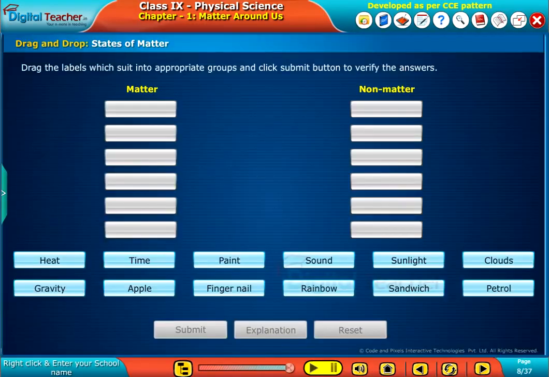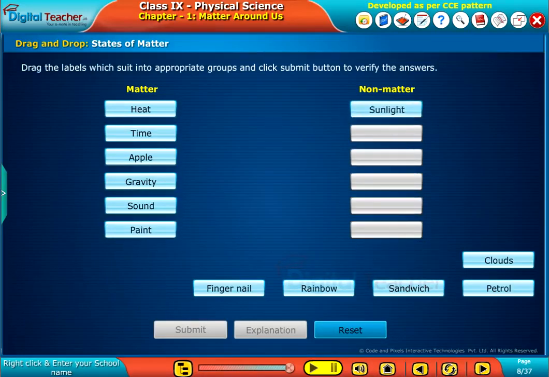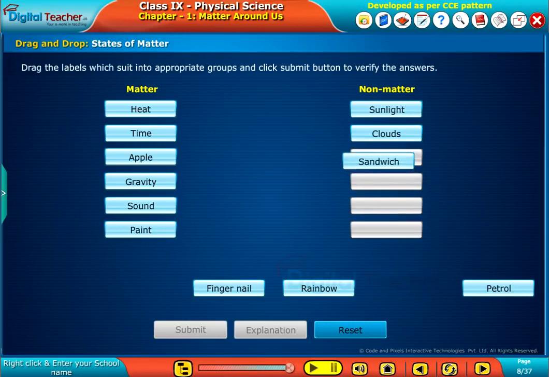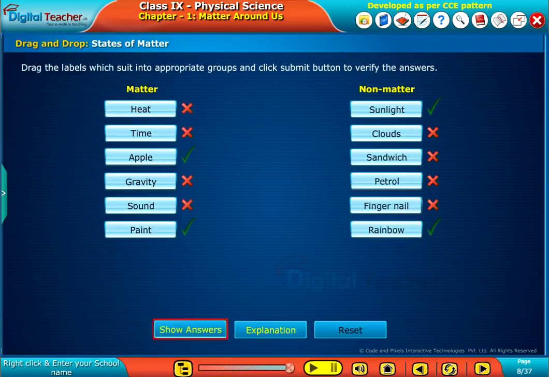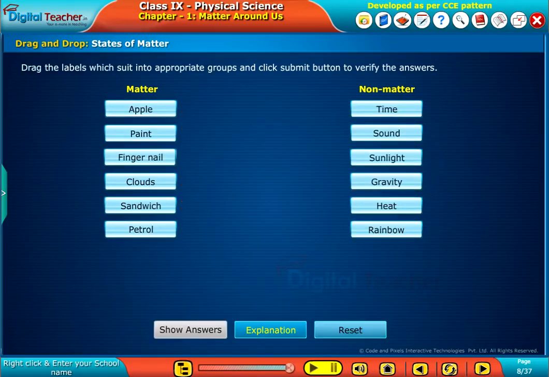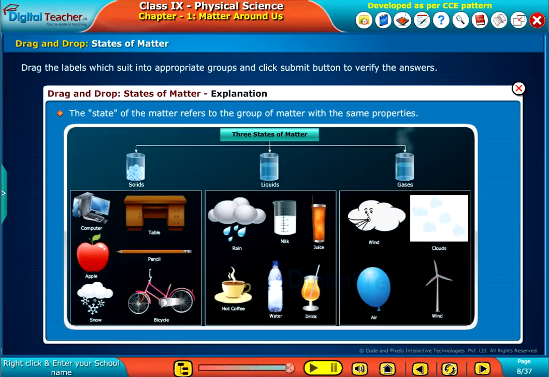Drag the labels which suit into appropriate groups and click Submit button to verify the answers. The state of the matter refers to the group of matter with the same properties.